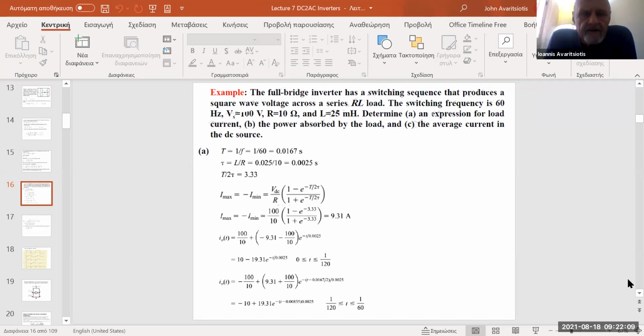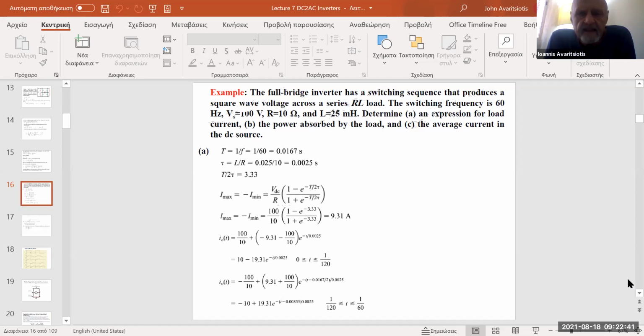Now, let's see how we proceed with the calculations, which we saw just now for the RL load. Let's assume that we have a full bridge inverter which has a switching frequency sequence that produces a square wave voltage across an RL load.